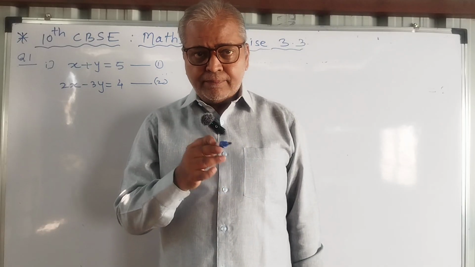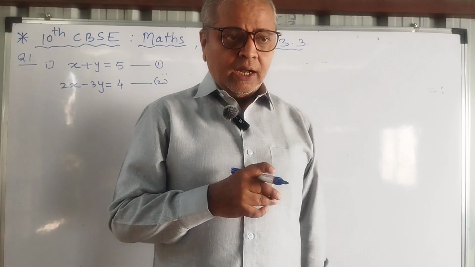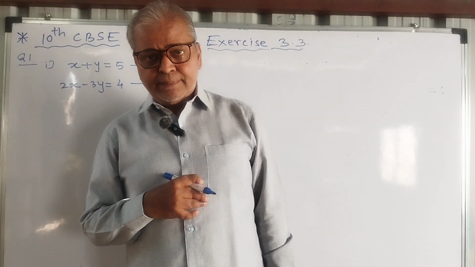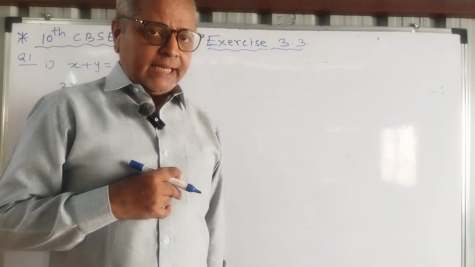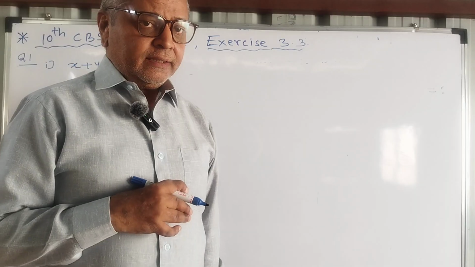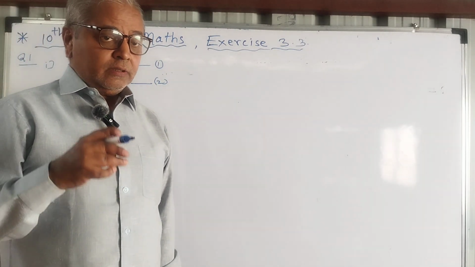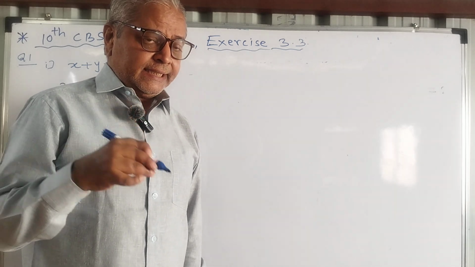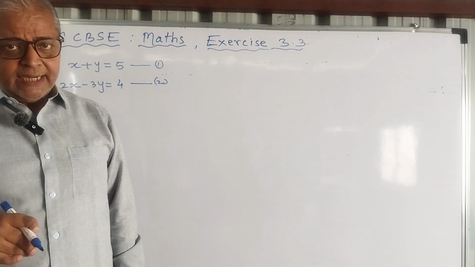So that means make the coefficient of one variable same, and once you make the coefficient same, then look at the sign. If they are same, then change the signs of one equation and then eliminate that term. If the signs of the term whose coefficient is the same are different, so we can eliminate that term.